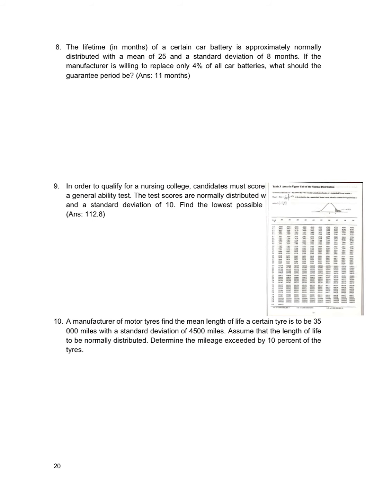Okay, let's take a look into question 8. The lifetime in a month of a certain car battery is approximately normally distributed with mean 25 and standard deviation of 8 months.